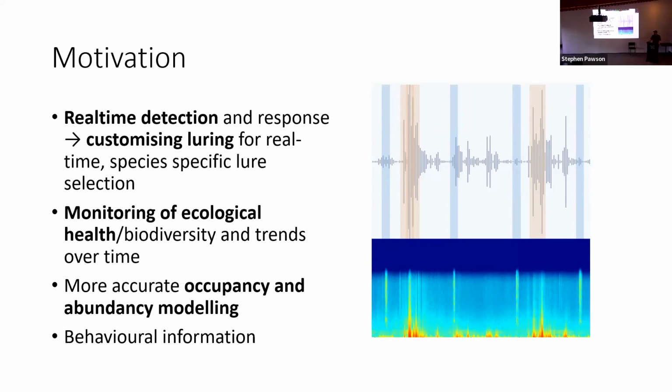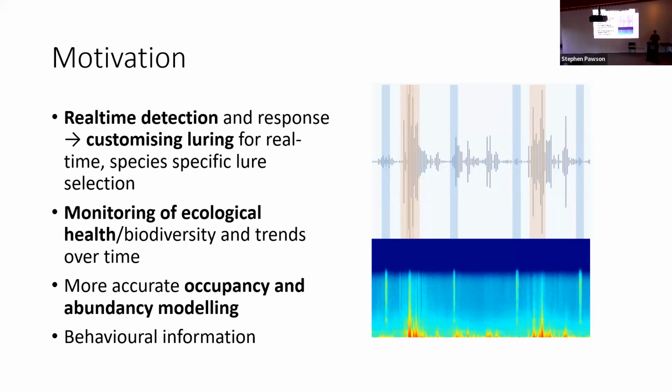There's also the monitoring of ecological health. So, of course, you're looking at reinvasions and also proof of absence testing for these target species, but also biomonitoring of bird species, and giving some kind of index of the biodiversity of the ecosystem. There's also more accurate occupancy and abundance modeling.